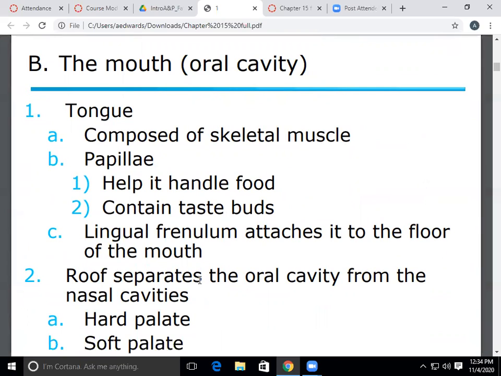All right, mouth and oral cavity. Start with the tongue. Tongue is actually made up of skeletal muscle. All right, movement of your tongue is voluntary. You also, on your tongue, have papillae. The papillae help your tongue handle the food that you're eating. And that's also where the taste buds are.